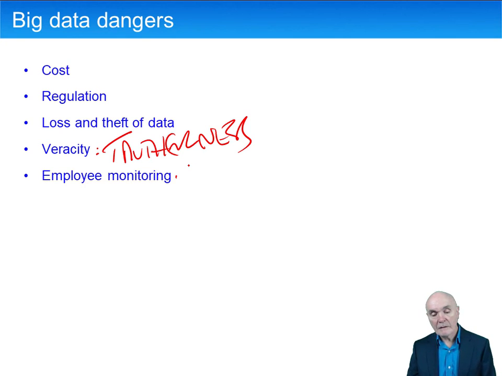You can then begin also to trace that person A met person B and they were talking for 10 minutes, or they seemed to be together for 10 minutes, and what were they talking about? Should they actually be communicating at all? And so on. You can monitor how long somebody is taking to go to the lavatory and the like.